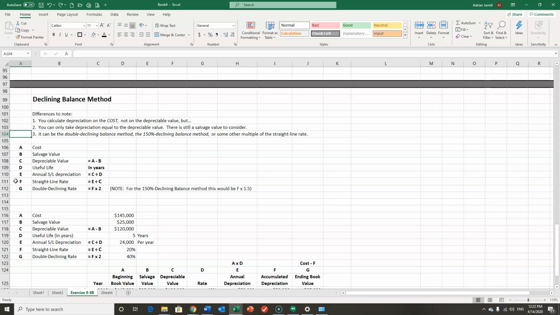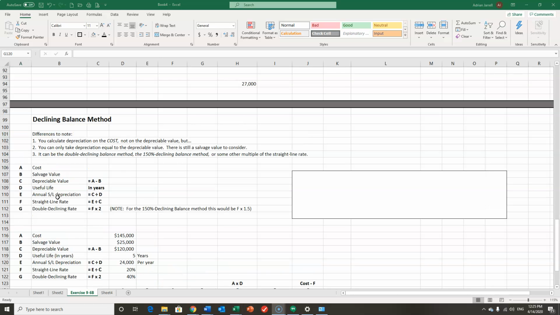Now let's divide the straight line depreciation by the depreciable value to get the straight line rate. And then if it's double declining balance, we would multiply that by 2 to get the double declining balance rate. And it could be 150% declining balance, 300% declining balance, etc. Double declining balance seems to be the most common.